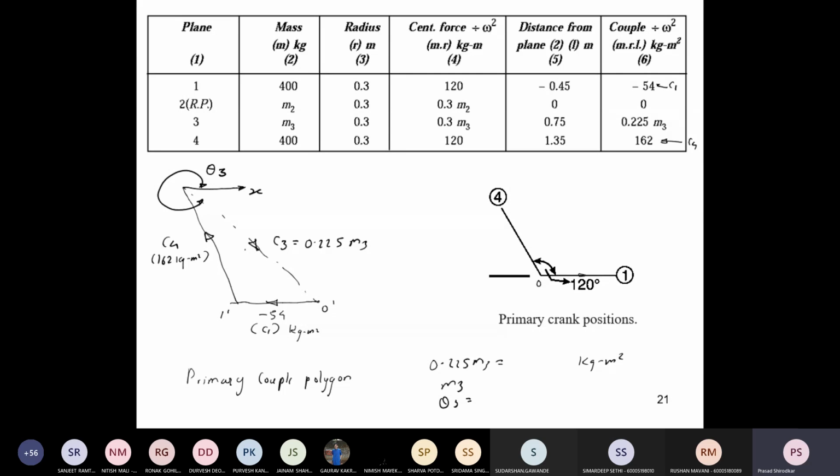Alright, those who have already got M3, please raise your hand. So only 9 students have completed it. Anybody who has got the value of this vector C3?